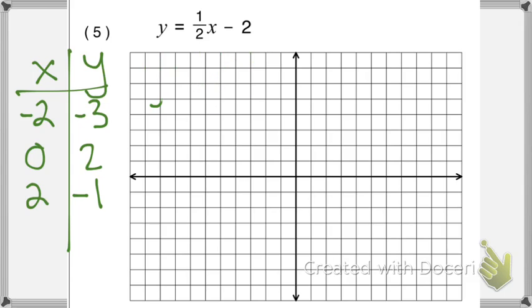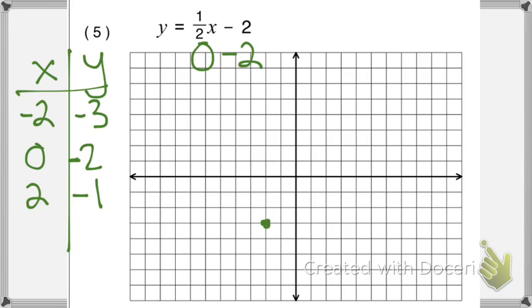All right, so I've got some solutions I'm going to graph. Left 2, down 3. Start at 0, up 2, and start at 2, down. Uh-oh. Something happened. Oh, I see what it is. Okay, when I plugged in 0, 0 take 2 is negative 2, which I need to get rid of that.